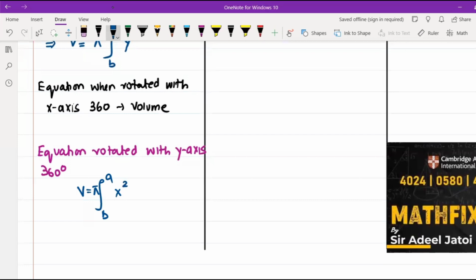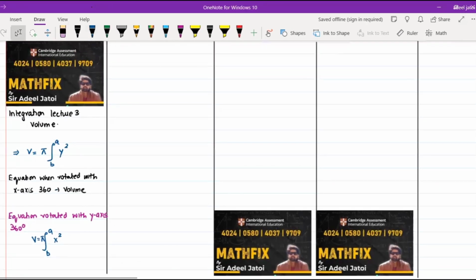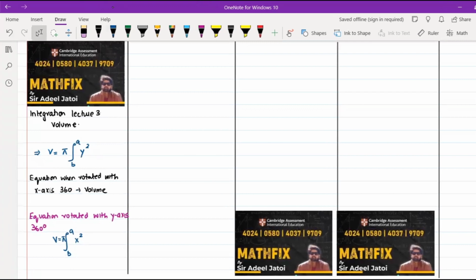That means from the equation of y, you will make x the subject, and then your x equation will be squared, integrated with limits, and then multiplied by pi. So we can just understand this with a few example questions.